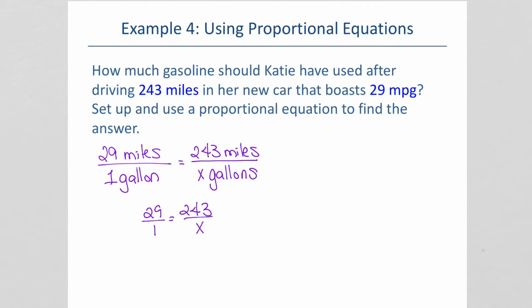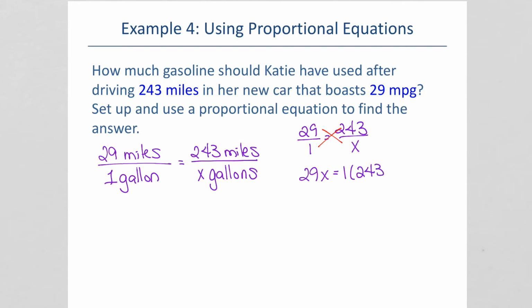Now, if you'll remember, to solve these we cross multiply. So 29 times X is 29X, and 1 times 243 is 243. Then to finish up, the X is what we're trying to get by itself.